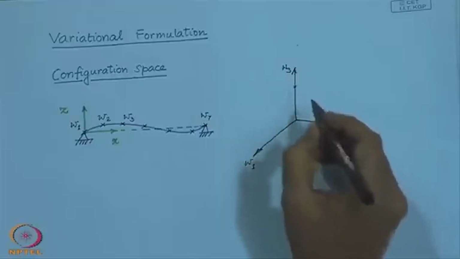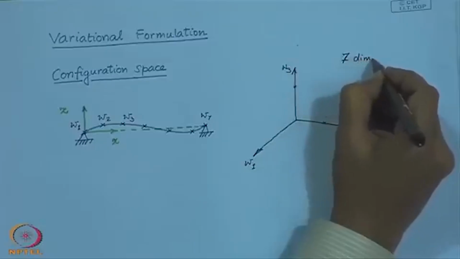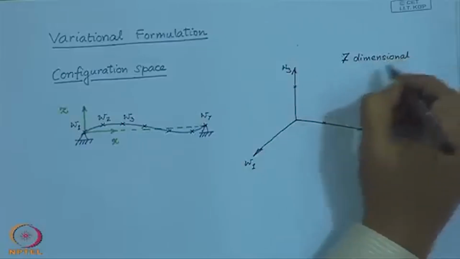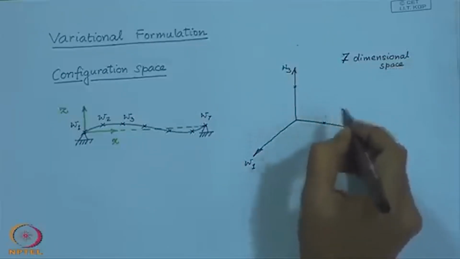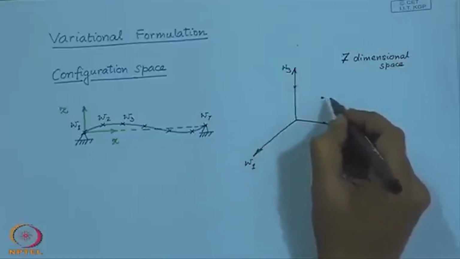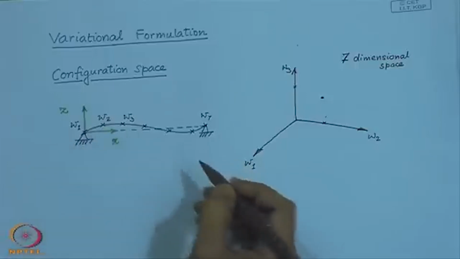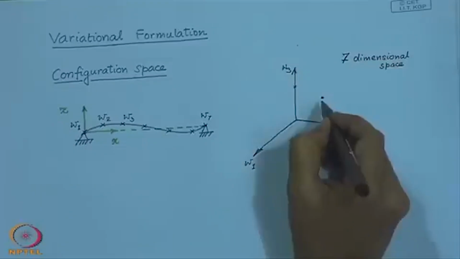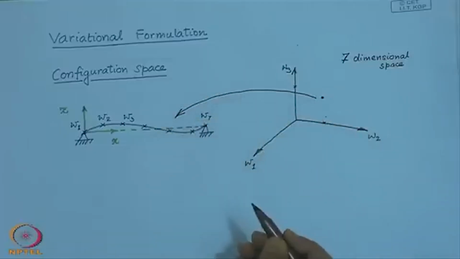So, like this, in this space, which is now a 7-dimensional space, there is a point which represents this configuration. So, in such a space a point represents a configuration.